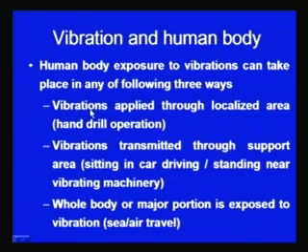The vibrations from the drill will be transmitted to the operator's hand, and that is a form of transmission of vibration to the human body through a localized area, where a worker firmly holds the hand drill or any machine which is vibrating during the operation.